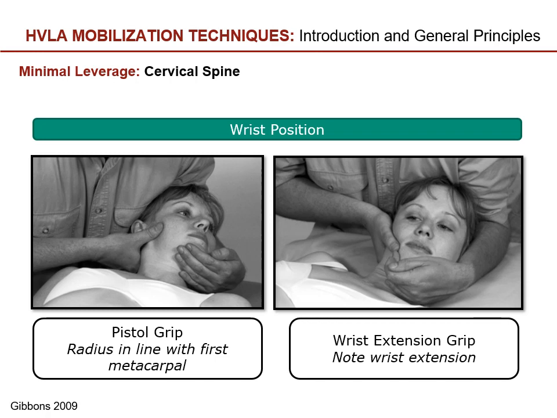And this is shown with the wrist there, where you can see that it's no longer in line with the first metacarpal. This is based upon, again, patient positioning, comfort, and the practitioner's preferred means of being able to get adequate leverage at the target segment and in their application of the thrust itself.